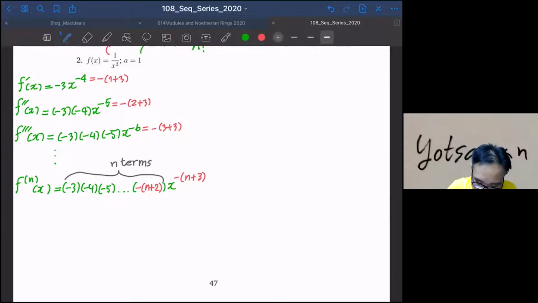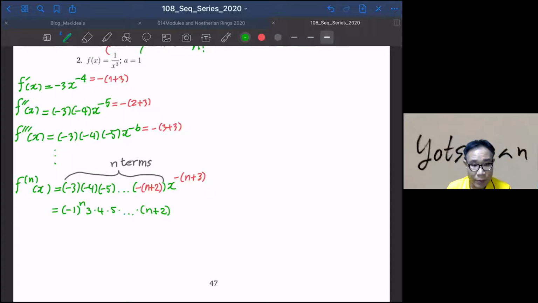So if you would want to simplify this one, you can just move -1 from each parenthesis. So -1, -1, -1, -1 is going to come from each parenthesis. So it would lead you to -1 to the n. And you're going to have 3 times 4 times 5, up until n plus 2.